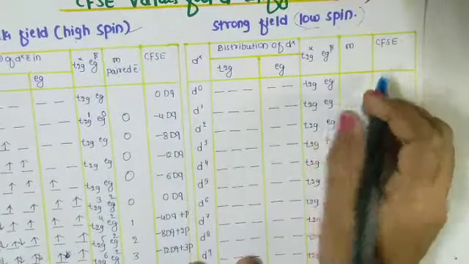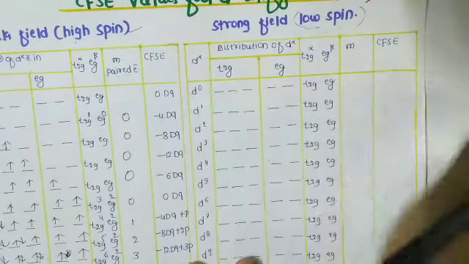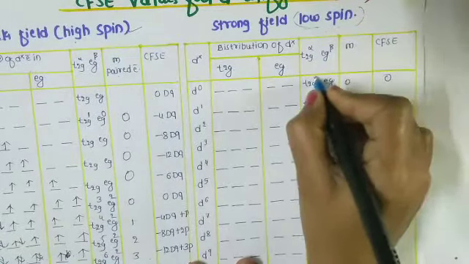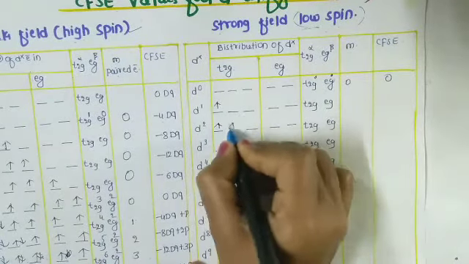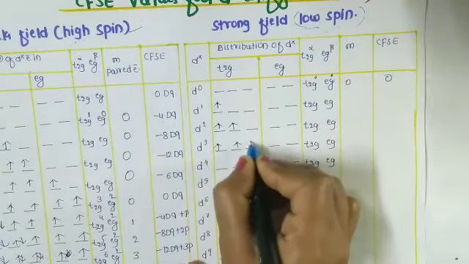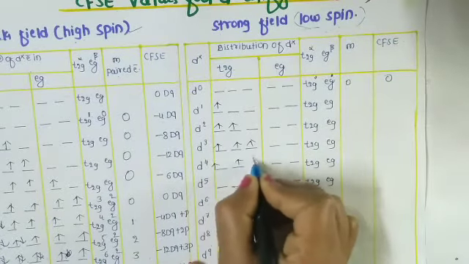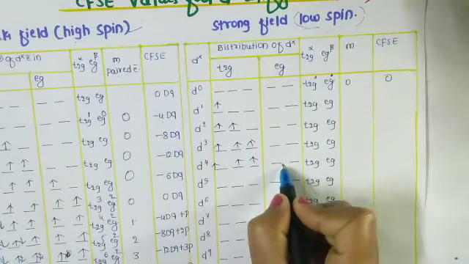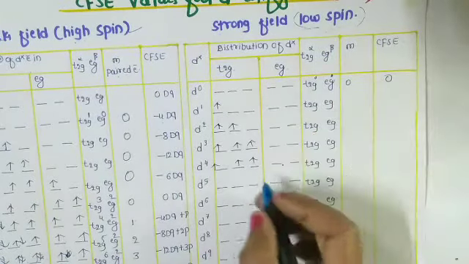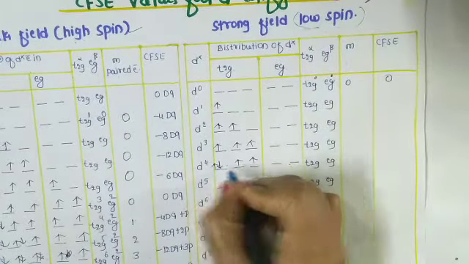Similarly you can come to the low spin case. How to write in low spin? Here this is the 0 term. Now 1, this is the 1 and 2 and this is the 3 and it is the 4. It does not enter the Eg set of orbitals because it is low spin, so you have to fill here only.